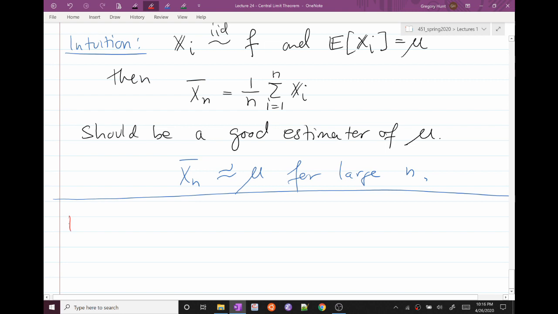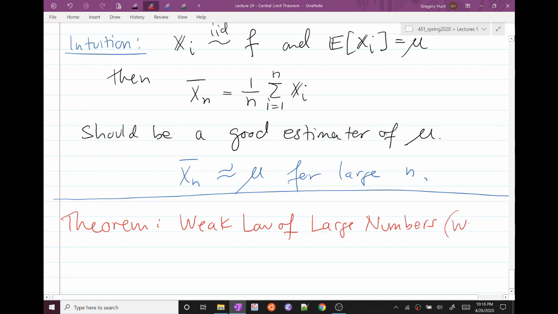So let's start off with the first one, which is called the weak law of large numbers, often abbreviated WLLN.